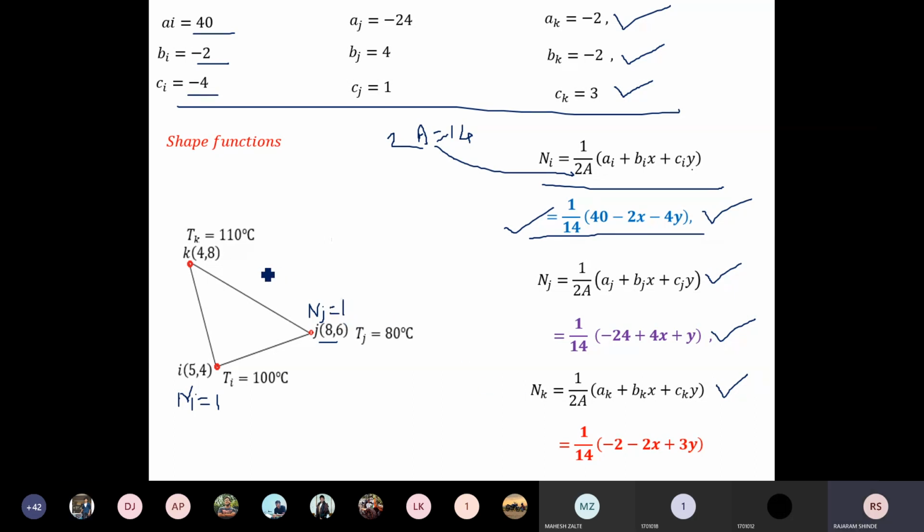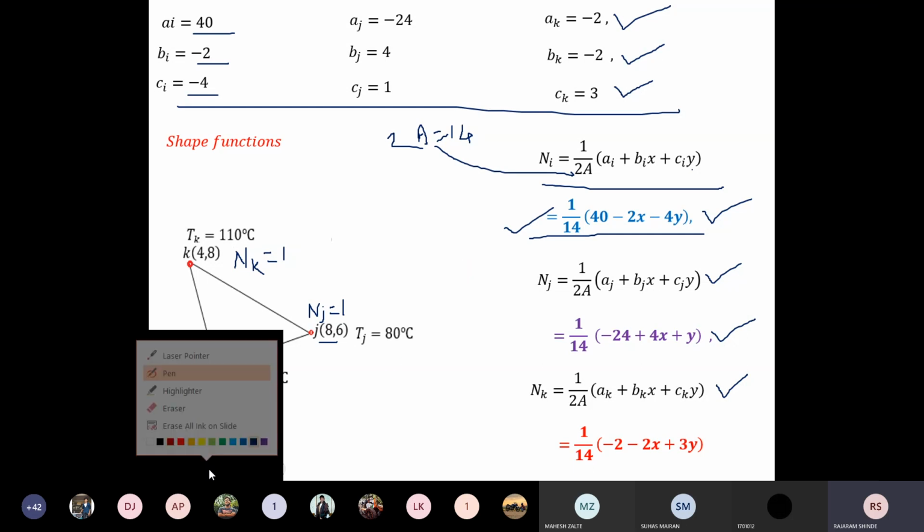Now you check Nk at k. Nk at k is 1. Have you got 1 for all these shape functions? Okay. After doing this, what will we do?